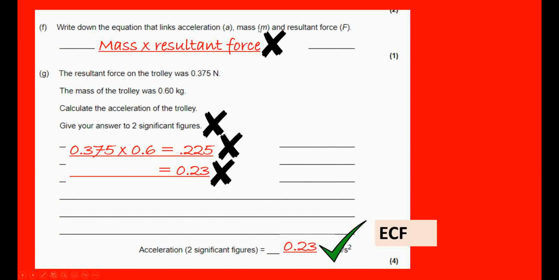This one's missing force. Just by putting force equals mass times resultant force would get you the mark. Now here, we've not substituted properly. This might be a student who's stressed to come to the end of their time and they're rushing a little bit, so they're not putting down their work in a logical order.